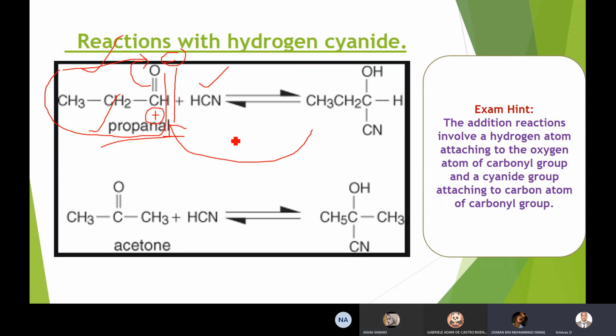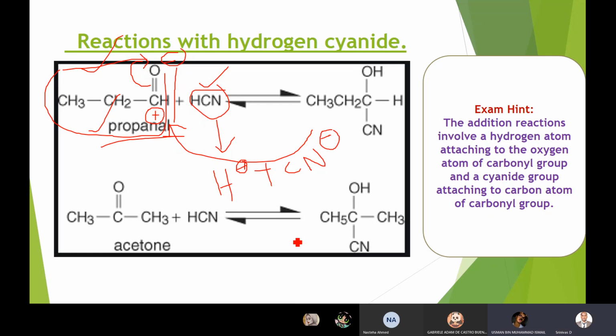Your nucleophile comes from this HCN, which initially splits into H+ and CN-. My question is, Usman, which is the nucleophile among H+ ion and CN- ion, the cyanide ion? Sir, H+. No, then CN-.